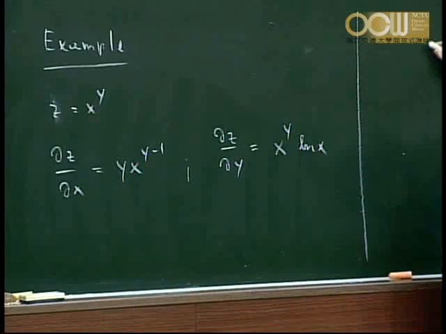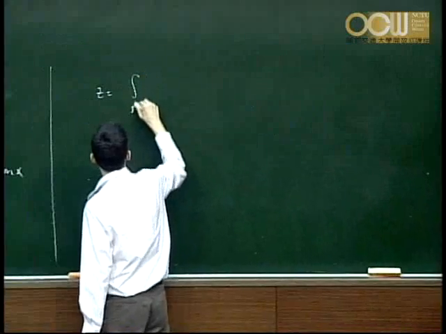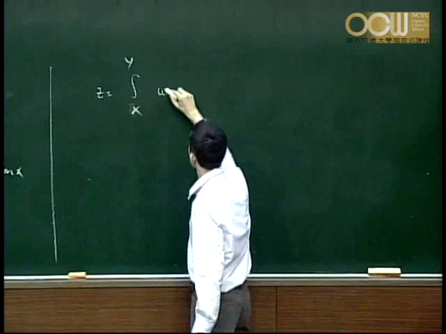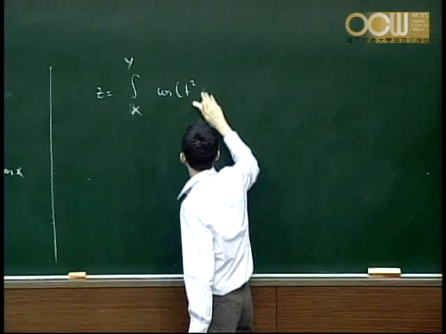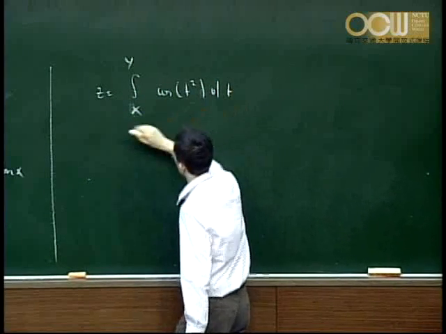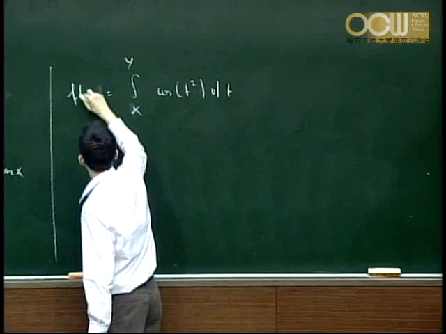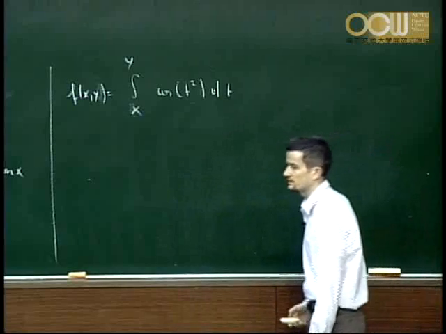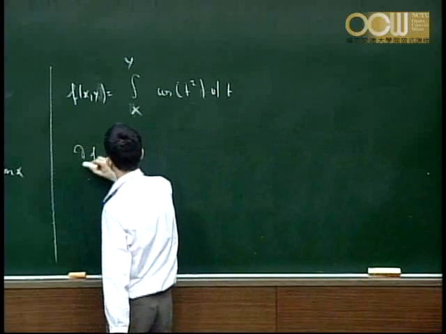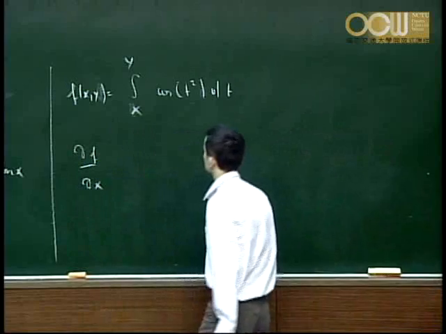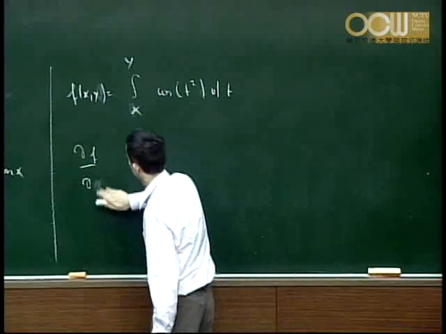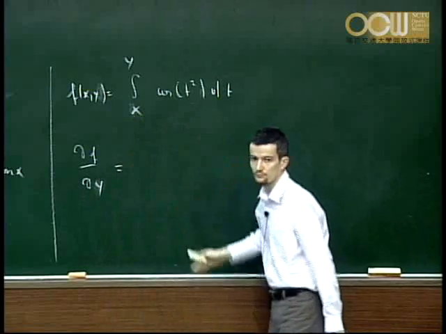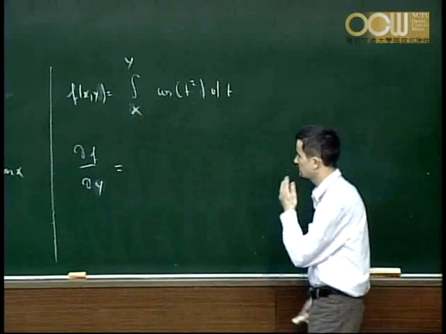Another example, for instance, would be this one. Also this is a function of two variables, and it's not complicated to compute the partial derivatives. So the partial derivative with respect to, let's say first, y. Here x is a constant, so I just have to take the derivative here, and what I'm going to use is the fundamental theorem of calculus.